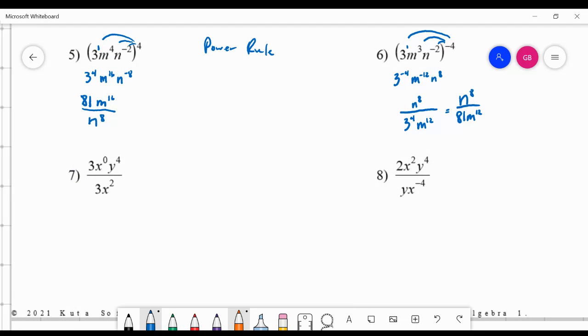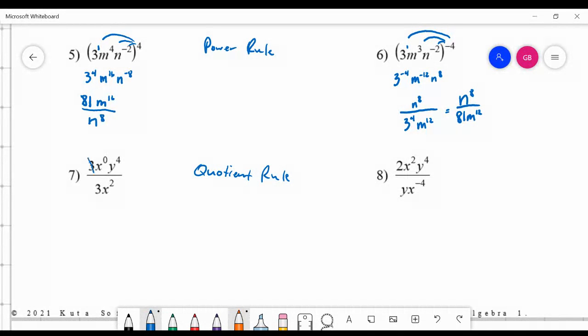Next, here we have these fractions. So we have to apply the quotient rule. When you're dividing numbers with the same base, you subtract the exponents. Okay, so first, regular numbers, the 3 and the 3, you could go ahead and divide.